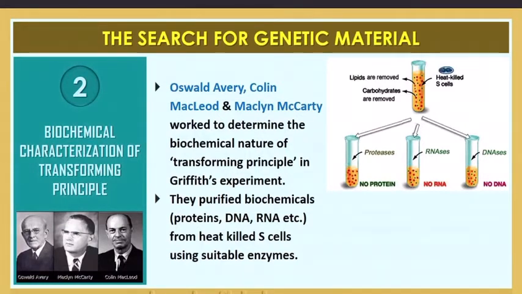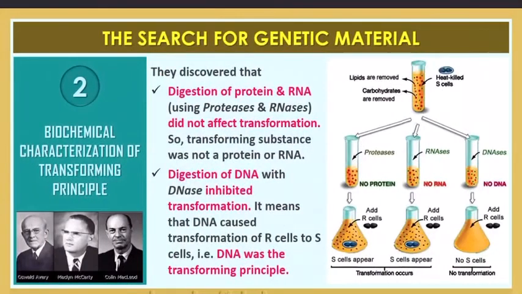Then proteases, so proteins are removed. RNases, so no RNA. And RNA is dissolved. DNA also dissolved. So after dissolving everything, what they have done now? They have performed further. Digestion of protein and RNA using proteases and RNases did not affect transformation.